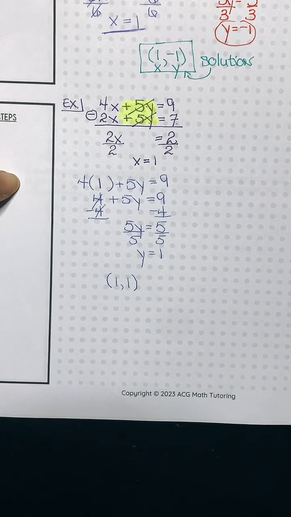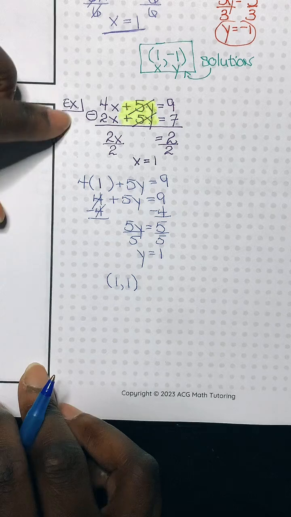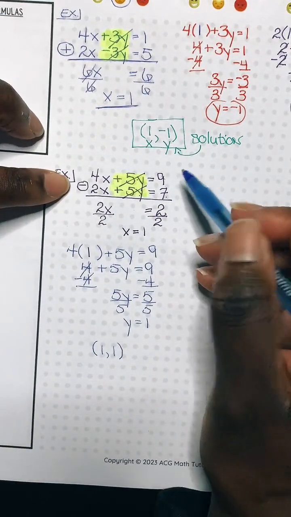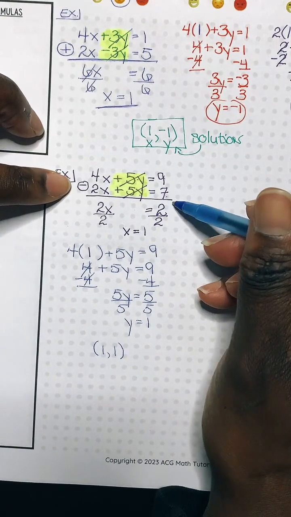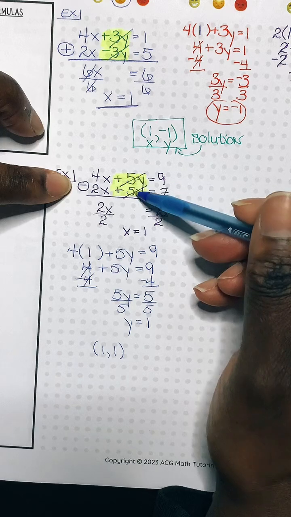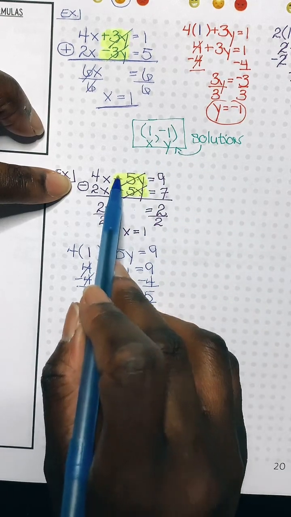Okay. I don't understand why you made the first problem -2. Why I made the first problem. Oh, okay. So I'm not making the first problem -2. In order for these 5s to cancel out, they're both positive.